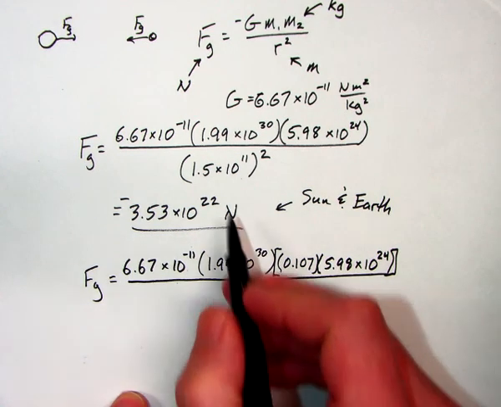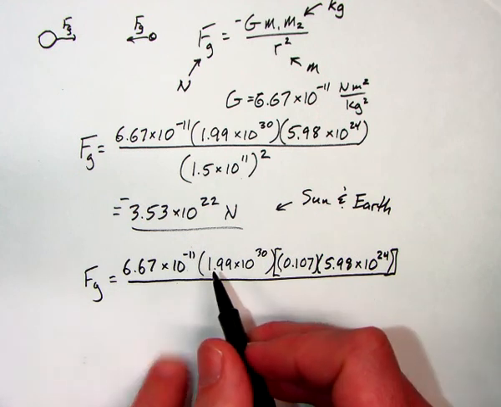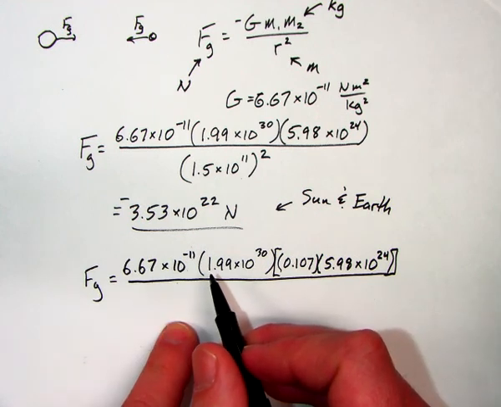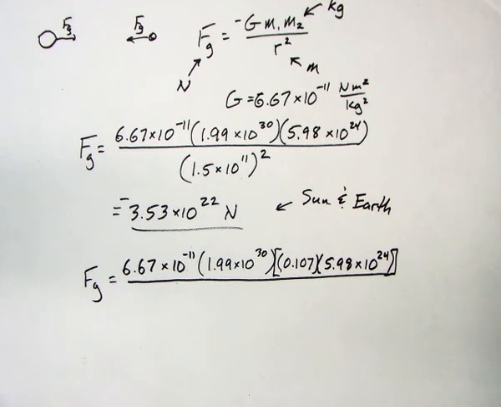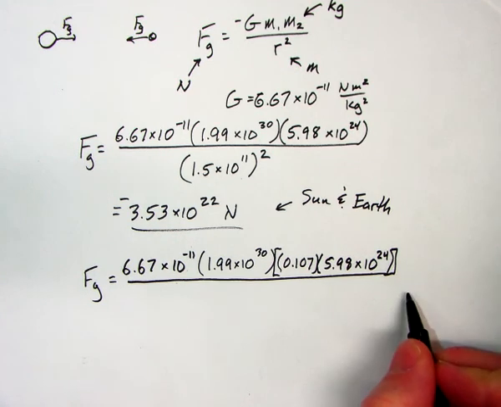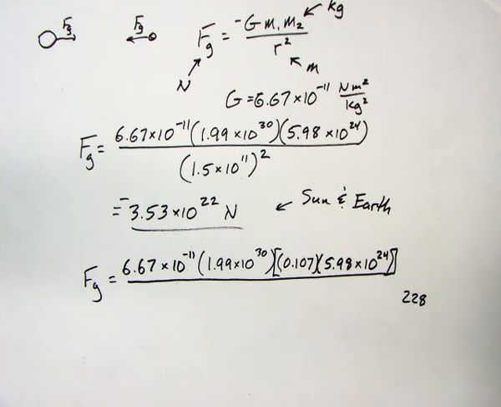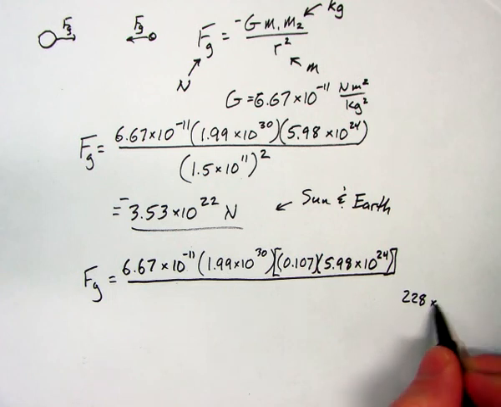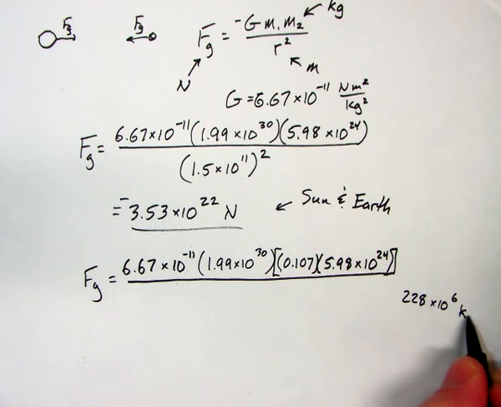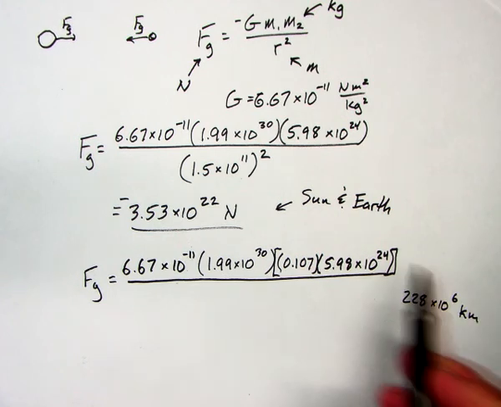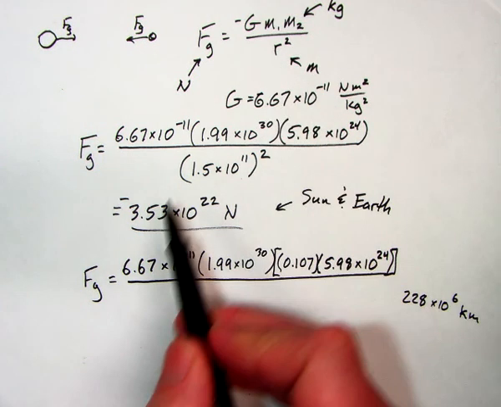Now I can find my denominator, the distance between Mars and the Sun. Now on our chart, that distance is written as 228, and the unit is times 10 to the 6th kilometers. Remember, I need meters in order to get newtons.